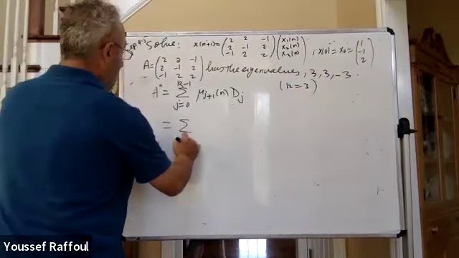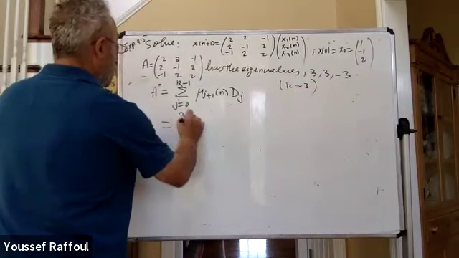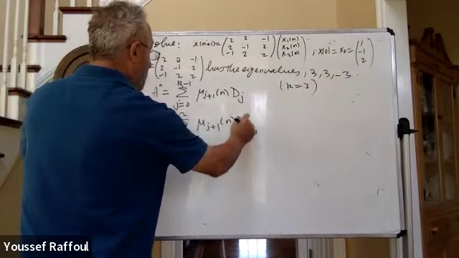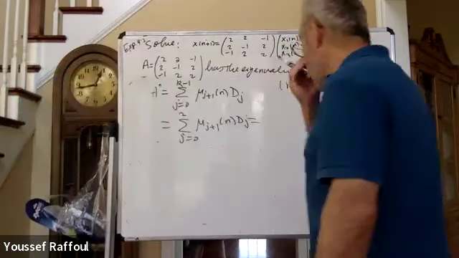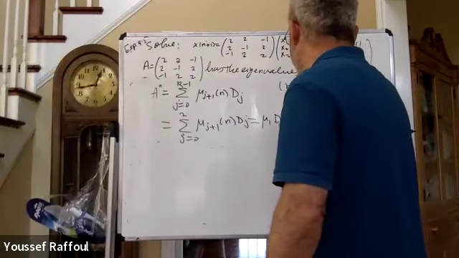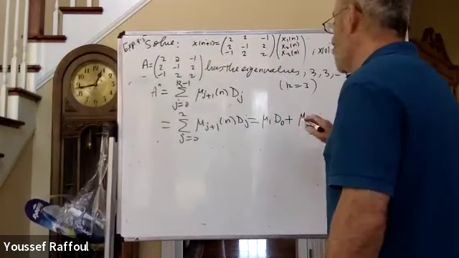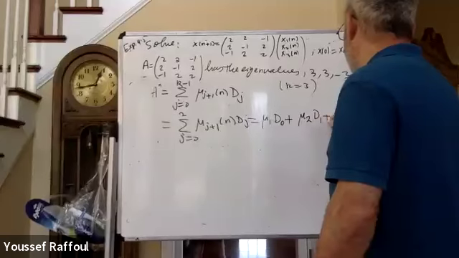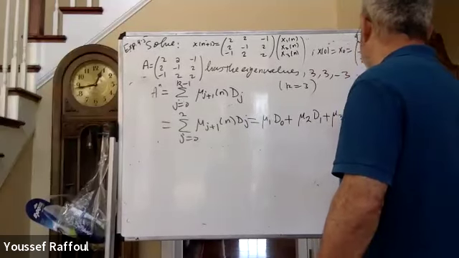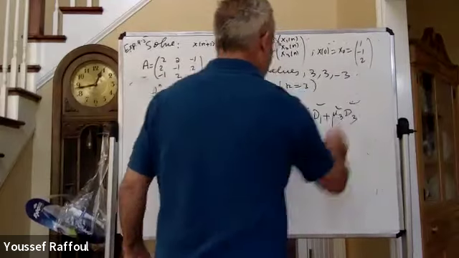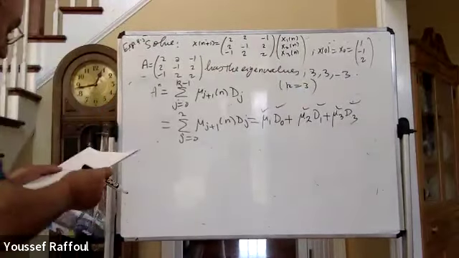So that is the sum from j equals 0 to 2, which is mu1 D0 plus mu2 D1 plus mu3 D2. Now you know everything. You know this, you know that, and you can multiply it together.